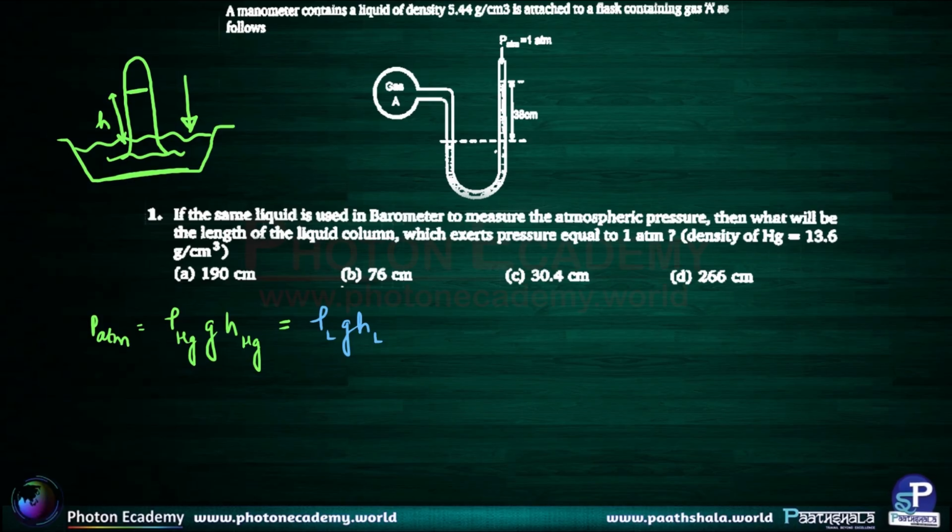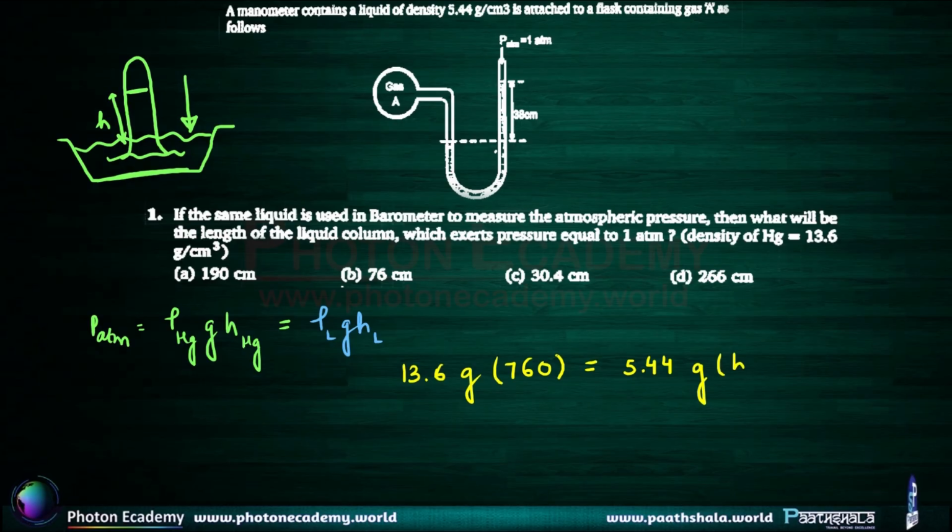So let's put in the known values into our expression. Density of mercury is 13.6 into g into the height risen by mercury, we know for 1 atm is 760 mm, or since everything is in centimeters, we could also have written a 76 here. The density of the liquid is given to be 5.44, right, into g into the height risen by the liquid.